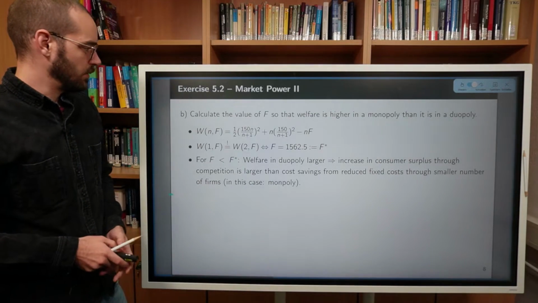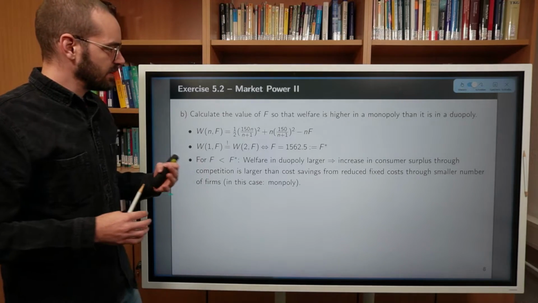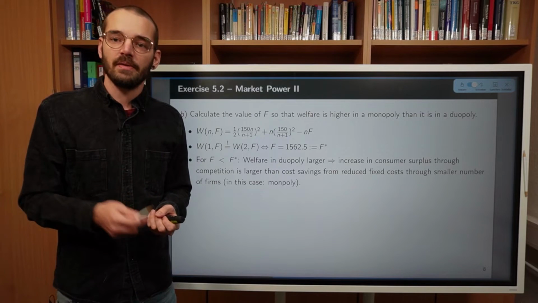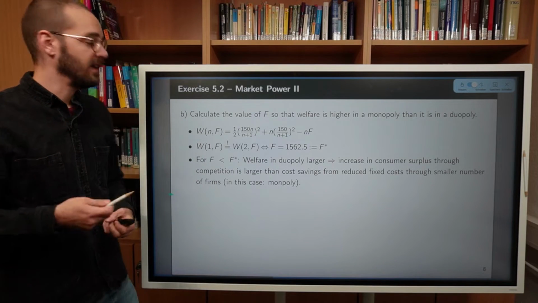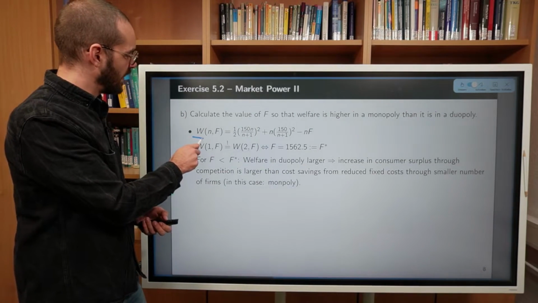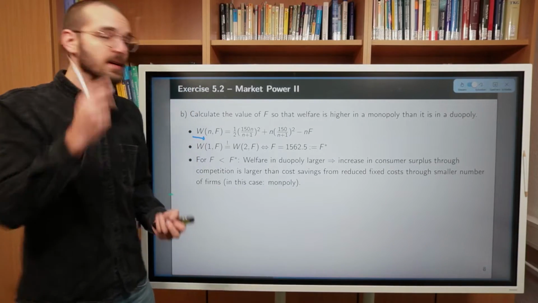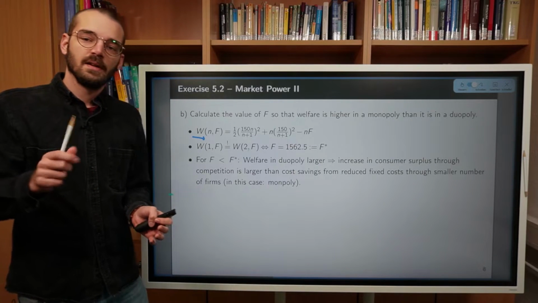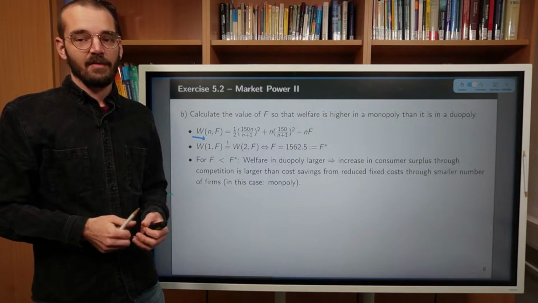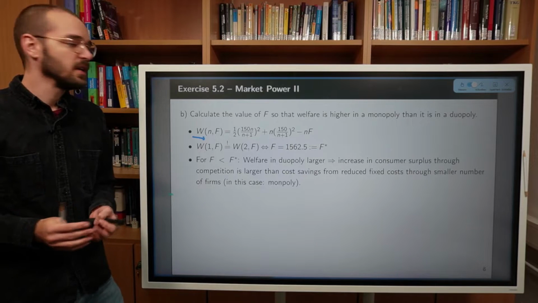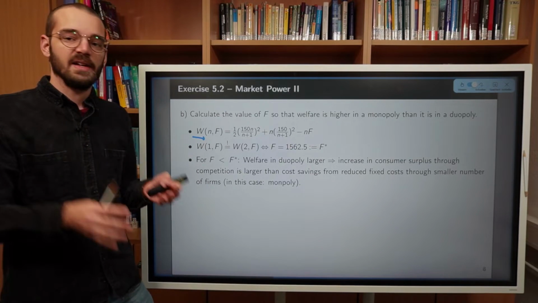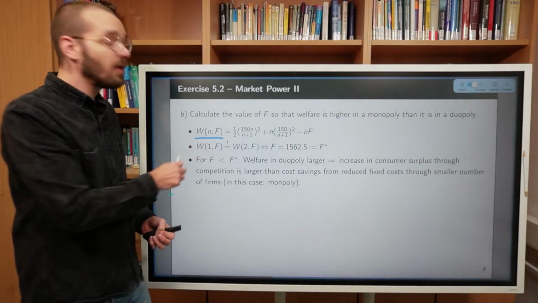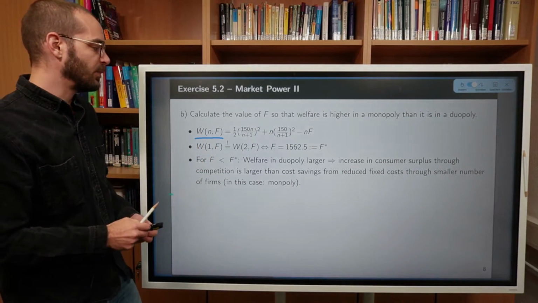So let's start by stating the function for welfare which depends on these 2 parameters of interest, n and F. Again, we can go back to exercise 5.1 where we were calculating welfare, where we kept n as well as capital F as parameters in the model so that we can state welfare as a function of these parameters. So this result is simply drawn from exercise 5.1.